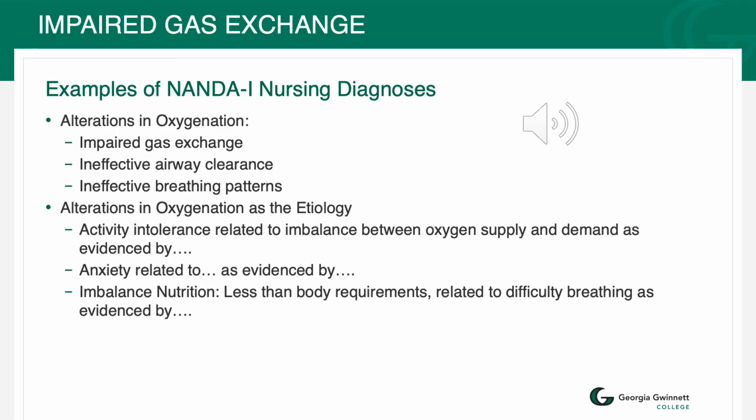So hopefully by the end of this lecture and your readings, you will get a good understanding of these different diagnoses for the oxygenation concept. When someone has a nursing diagnosis of impaired gas exchange, again, and I feel like I'm beating a dead horse, that's when the alveoli and the capillaries can't exchange the oxygen and carbon dioxide normally, okay?